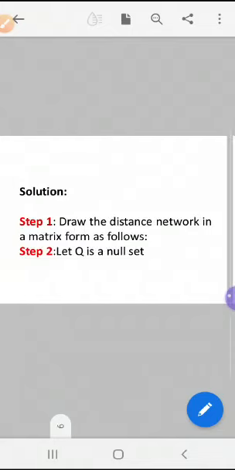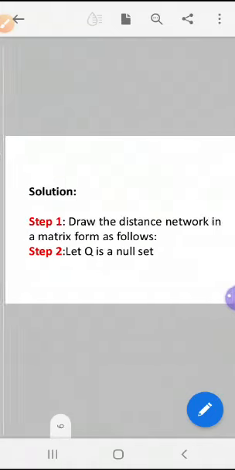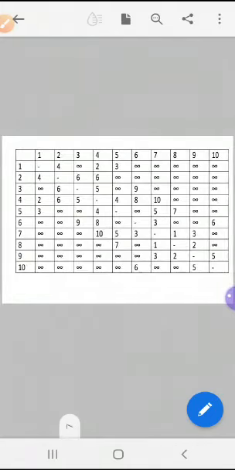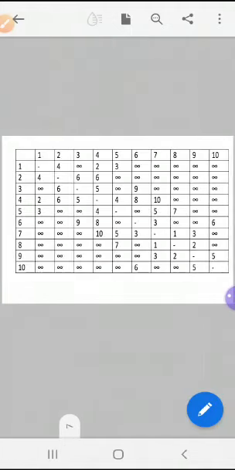Both are 4. Now 1 to 4, the distance between node 1 and node 4 is 2. So 1 to 4 is 2, and 4 to 1 is also 2. Then 1 to 5 is 3, and 5 to 1 is also 3.